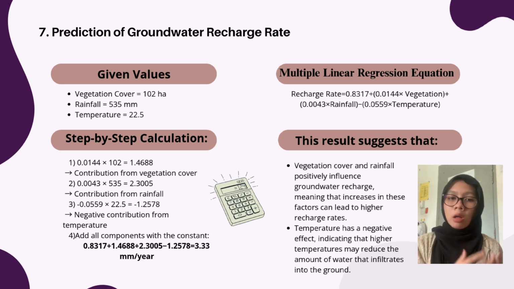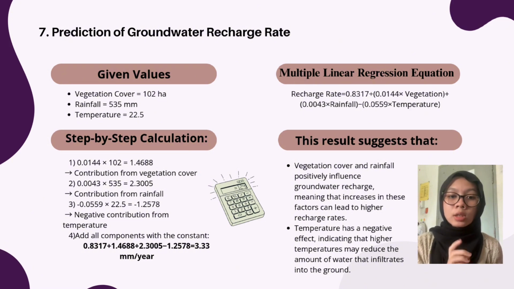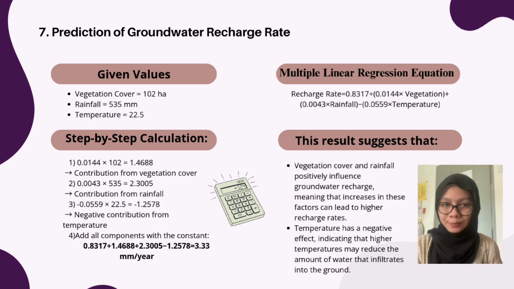Then we add all the components together with the constant, and the result is 3.33 mm. Therefore, the predicted groundwater recharge rate is approximately 3.33 millimeters per year under the given conditions. That's all, and thank you.